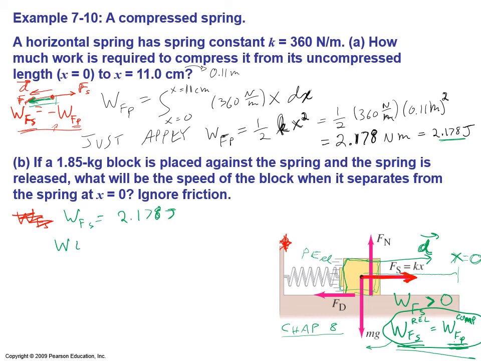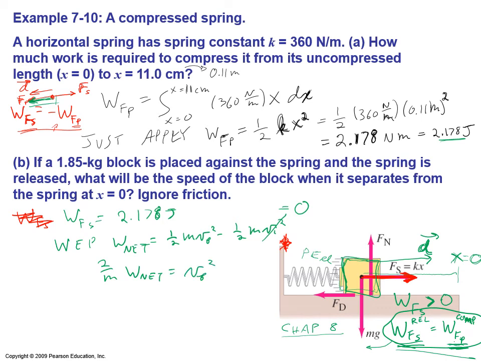Well, by the WEP, the net work done on an object is equal to 1/2 m v final squared minus 1/2 m v initial squared. If the box is initially placed there at rest, then v initial is going to be equal to 0. So what is the final speed? Let's multiply both sides by 2 over m. So 2 over m times W net is equal to v final squared.